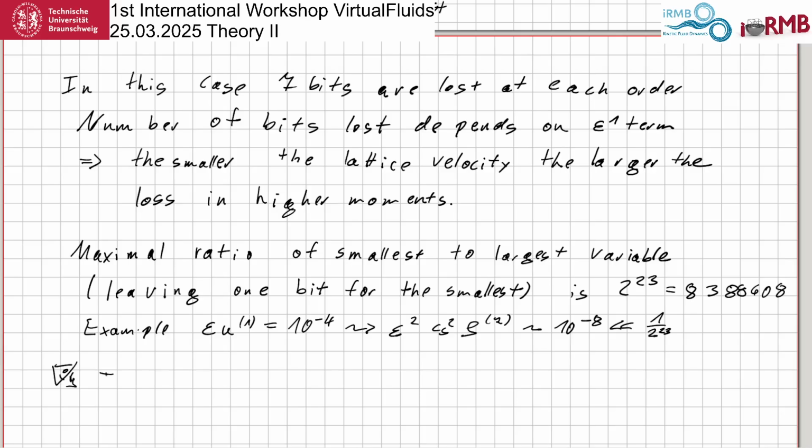So if you do this, then flows, even in 2D, with velocity of this order, 10 to the power of minus 4, delta x by delta t, you do not observe any detectable pressure.